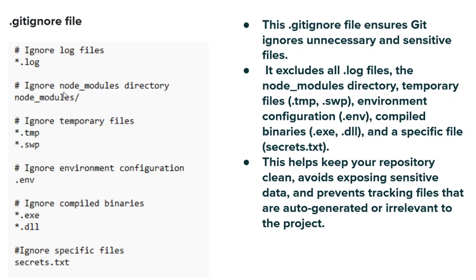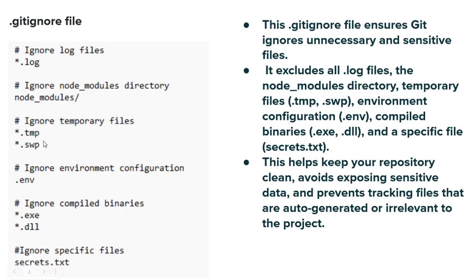If you want to ignore all the files present in the node_modules directory, we can mention the pattern like this, node_modules, that is the folder name, and /. It will ignore all the files from this folder. If you want to ignore some temporary files, you can mention *.tmp, *.swp.